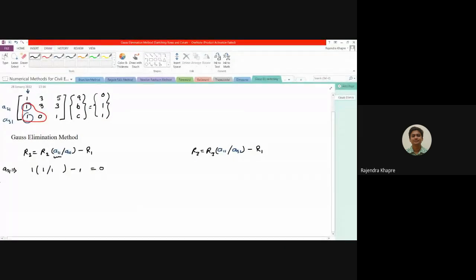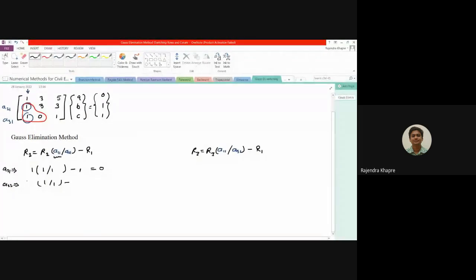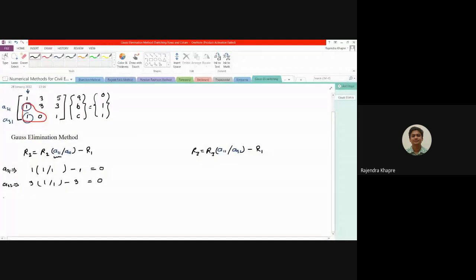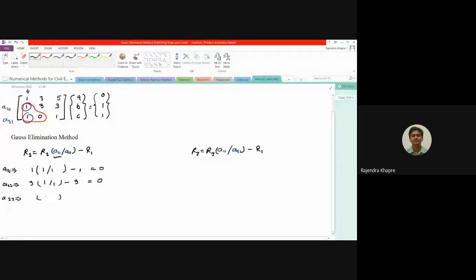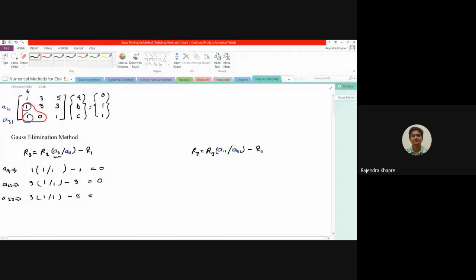Similarly, for A22, this factor is going to remain the same. R2 value is 3, here also the r1 value is 3, so the new value of A22 will become 0. Similarly for A23, it is 3 here and 5 here, so 3 minus 5 is going to give you minus 2.